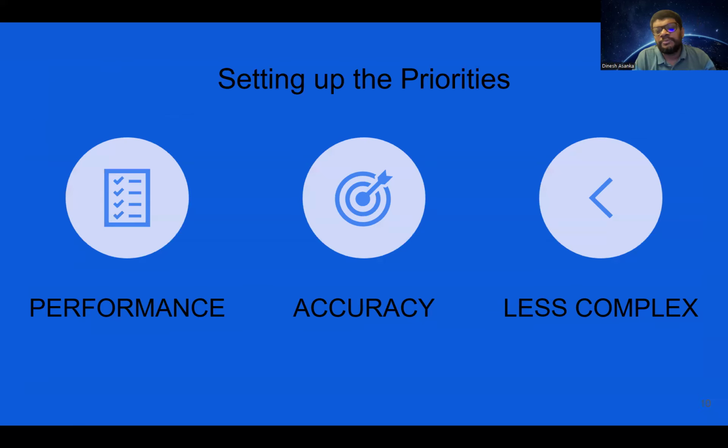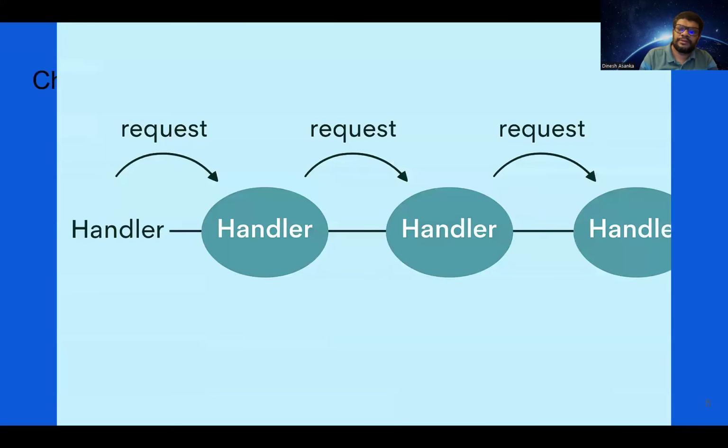Okay. One of the important things is setting up the priorities. Now you have multiple handlers. If I go back here, you have multiple handlers, and these handlers go one after the other. Therefore, placing these handlers is also very important. Who will become the first handler? Who is the next handler?